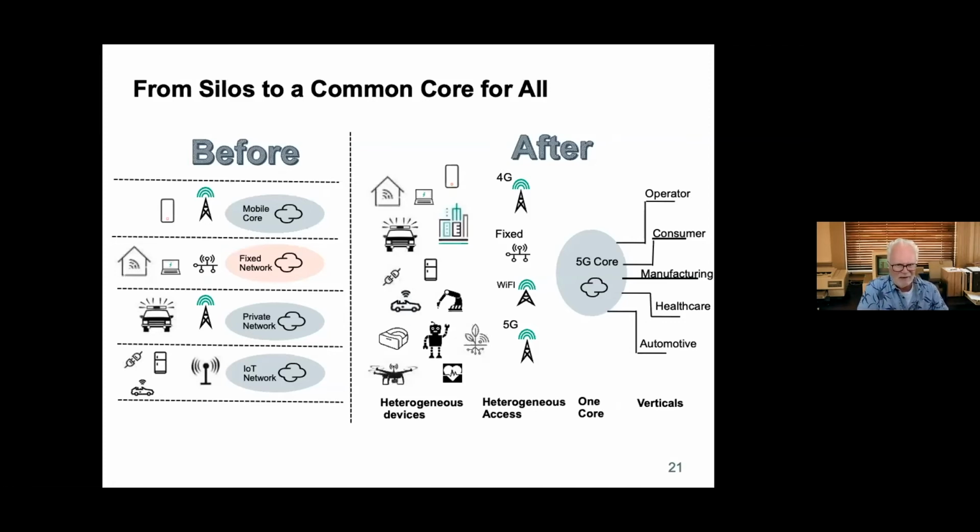We got private networks, and we've got an IoT network. So what we're seeing with 5G is this shift to a 5G core with everything connecting into that single core. Much, much simpler, again, much more efficient and much faster.